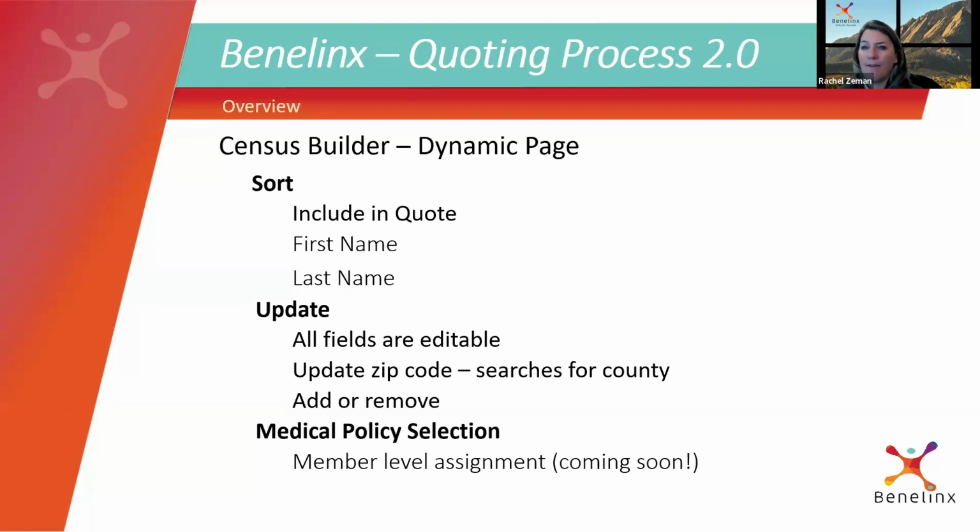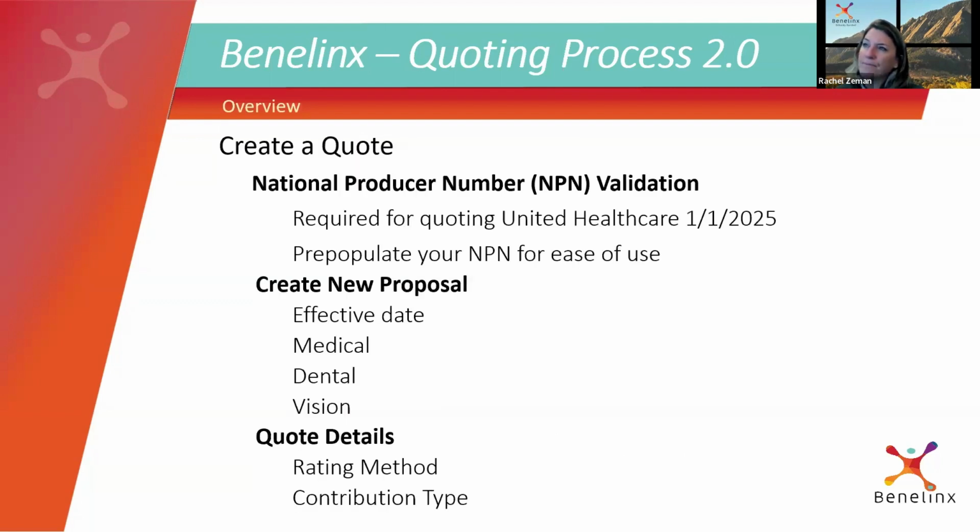Okay, so if I have 3 plans and I've got 5 people, maybe I have 2 people on a bronze, 1 person on a silver, and 2 on a gold, right? I'll be able to assign it right there on the census. And then the output will be able to continue to assign members to plans, and then that proposal will reflect that. So coming soon.